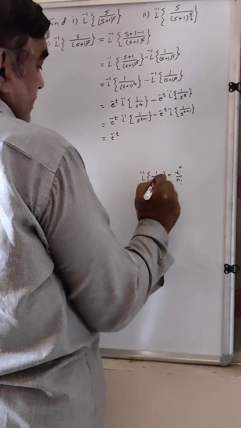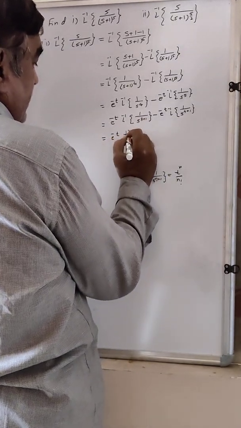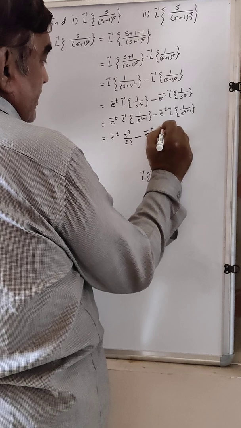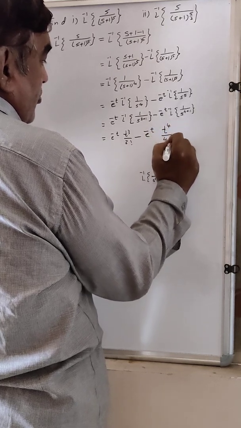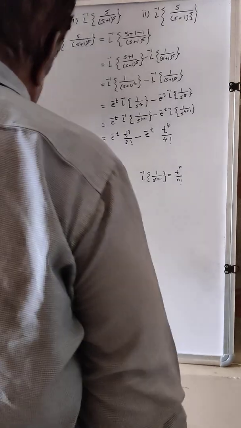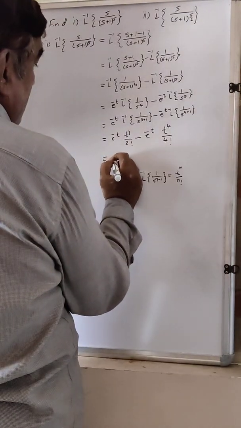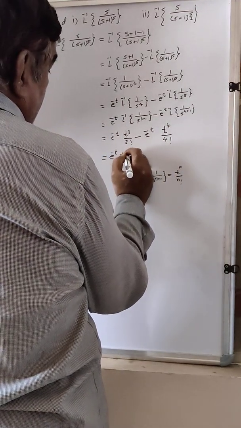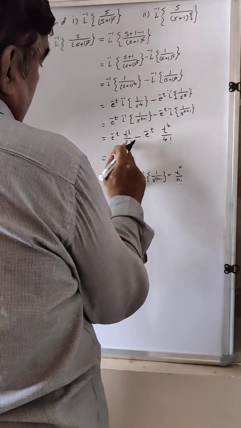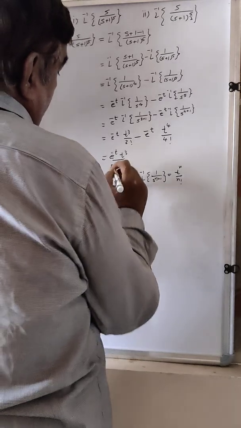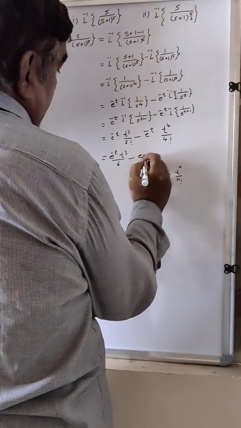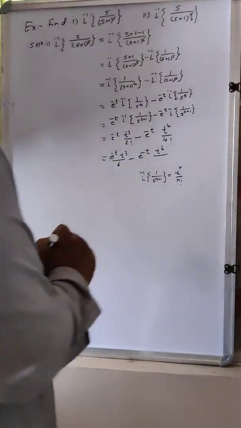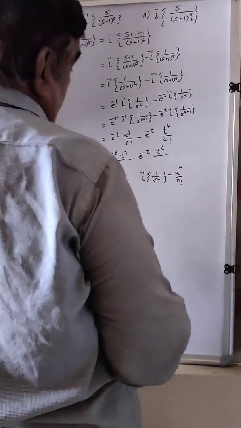Here n is 3, t cube by 3 factorial, minus e raised to minus t, t raised to 4 by 4 factorial, is equal to e raised to minus t, t raised to 3 upon 3 factorial, that is 3 into 2 into 1, that is 6, minus e raised to minus t, t raised to 4 upon 4 factorial, that is 4 into 3 into 2 into 1.